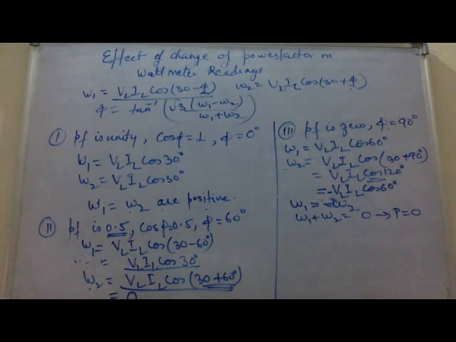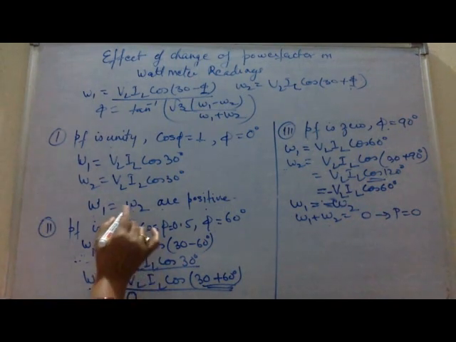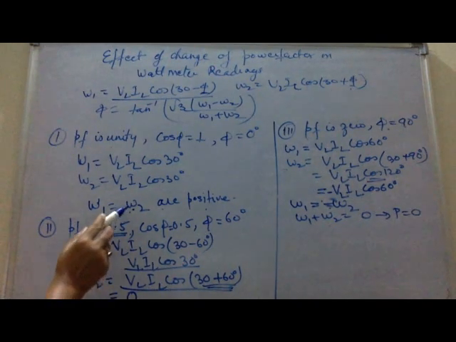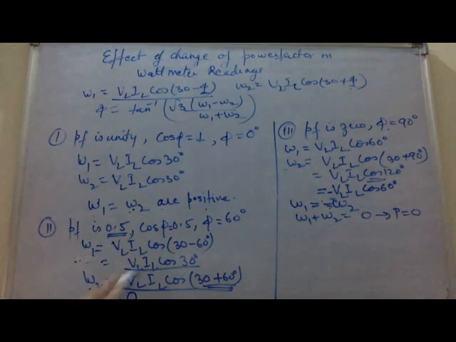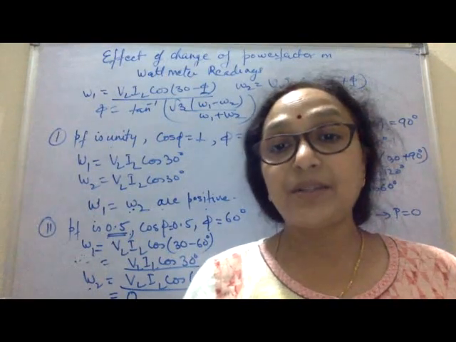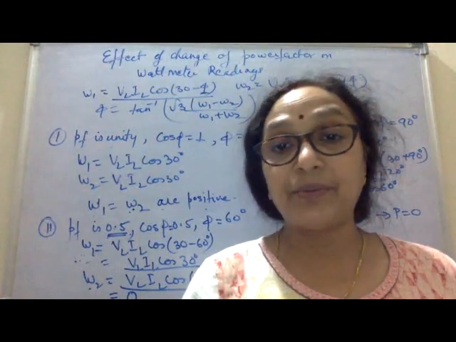W2 first is positive, then 0 and then negative. So as the power factor is reducing, the reading of W2 goes from positive to 0 and to the negative side. So the reading of W2 basically tells about the power factor changes in the given circuit. After this, I'll take few numericals so that the concepts are clear to you.